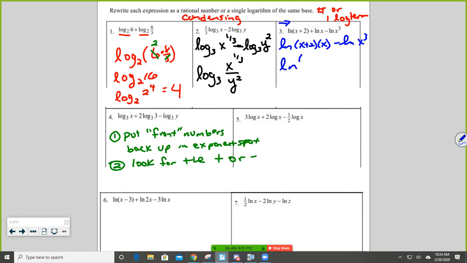So in my numerator, I'm going to have x plus 2 times x divided by x cubed. And then I can reduce this down. If I have 1 x up here, I'm going to get rid of one of these x's, and my final answer ends up being the ln of x plus 2 over x squared. And I'm done with that one.